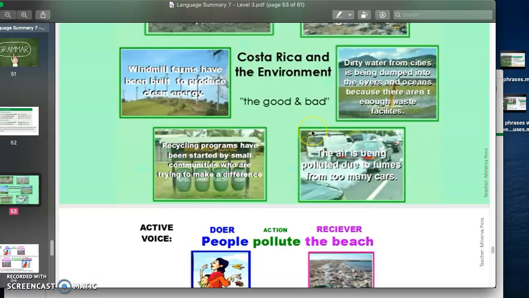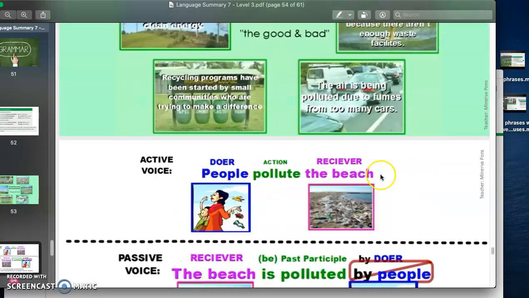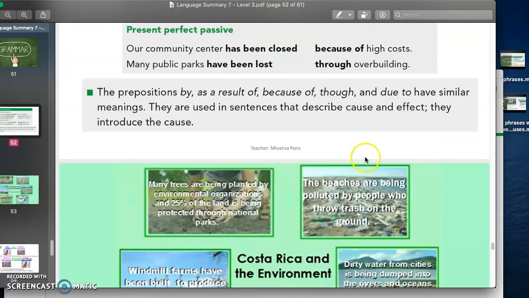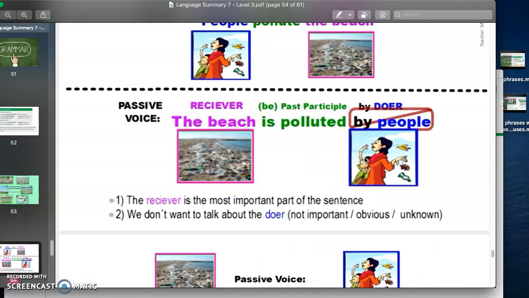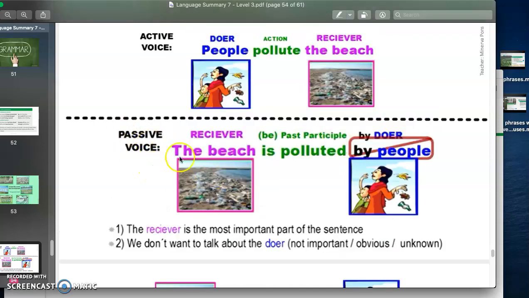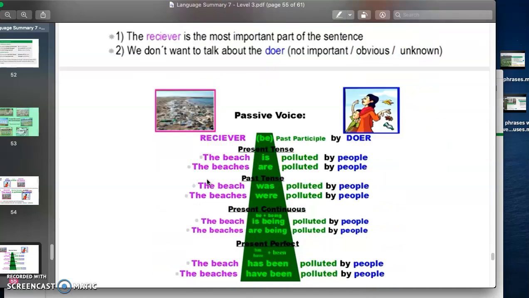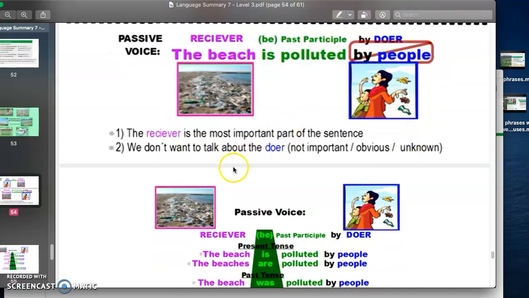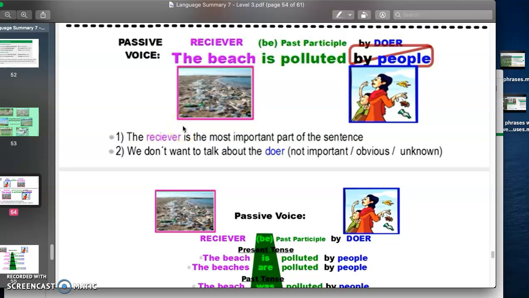And it's not necessary for me to say that it's being contaminated by toxic chemicals, but it does give me a better idea. So in the passive voice, the receiver is the most important part of the sentence. That's why it's first. And we don't talk about the doer because it's not important, or it's obvious, or it's unknown.